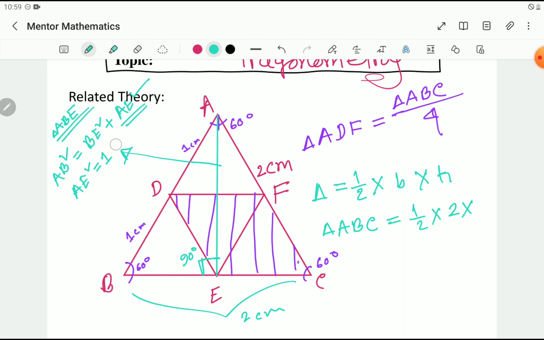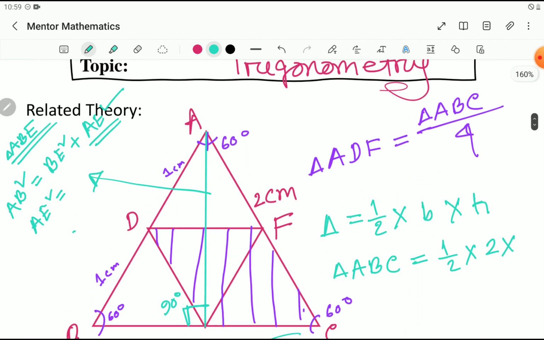Oh no, we have to actually write AE first. AE square equal to 2 square minus 1 square. Now it is correct. So 4 minus 1, therefore 3, therefore AE equal to root over 3.